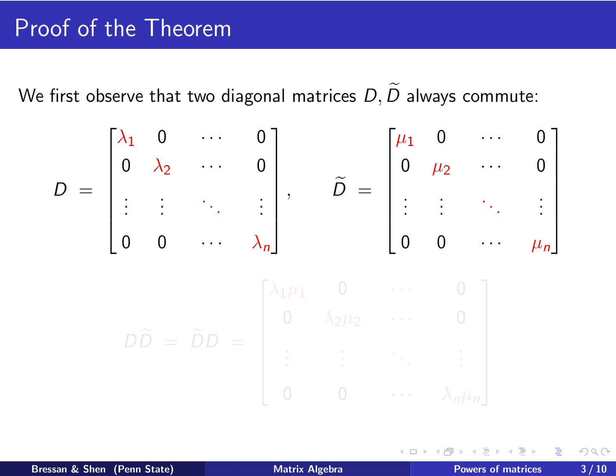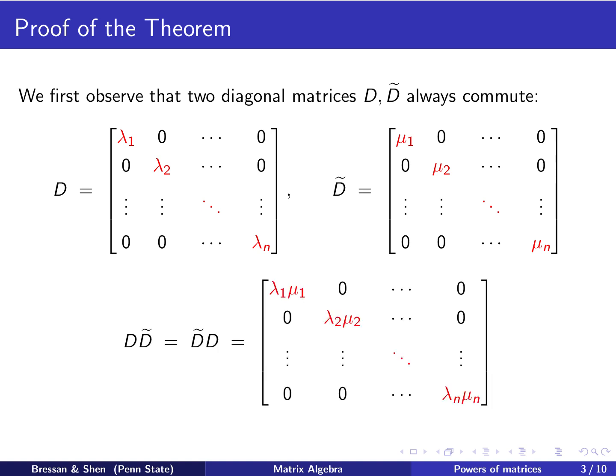So first we observe that in a very special case where the two matrices are diagonal, let's call them D and D tilde, then they always commute. So D, let's say, has diagonal elements lambda 1, lambda 2 to lambda n, and D tilde has diagonal elements mu1, mu2, and mu(n).